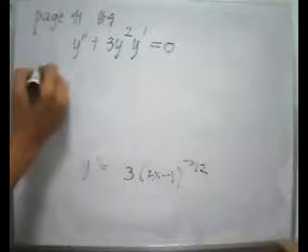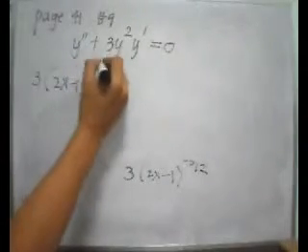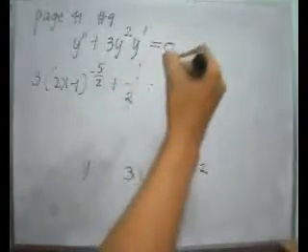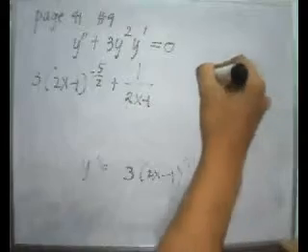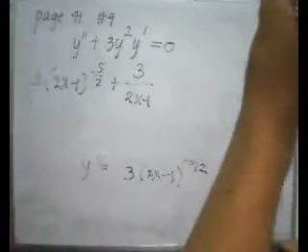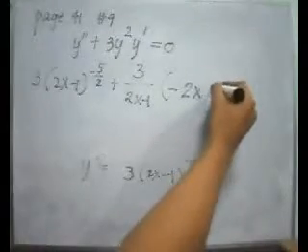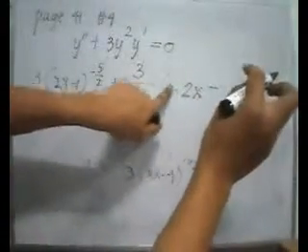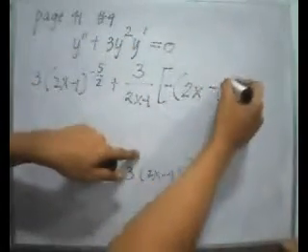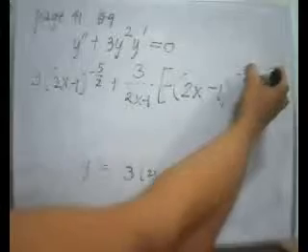So y double prime is just 3 times 2x minus 1 to the negative 5 halves plus your y squared is 1 over 2x minus 1, times 3, and then your y prime is equal to negative 2x minus 1 raised to negative 3 halves.